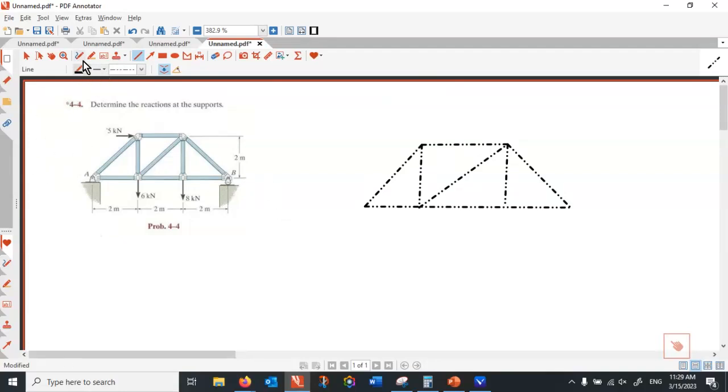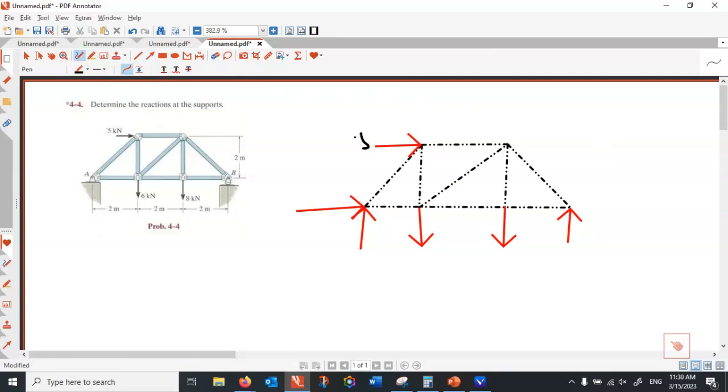Let's first start with the external forces. The external forces, 5 kilonewton is here, 6 kilonewton is here, 8 kilonewton is here. And now all I have to do is expose the internal forces. The tricky one is the contact at B. The direction of sliding is horizontal, so the reaction is vertical.